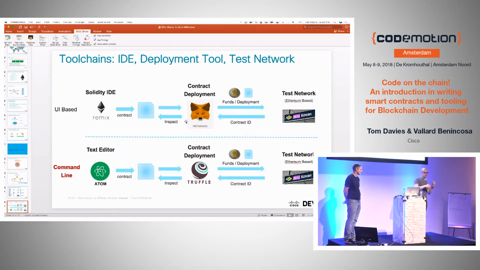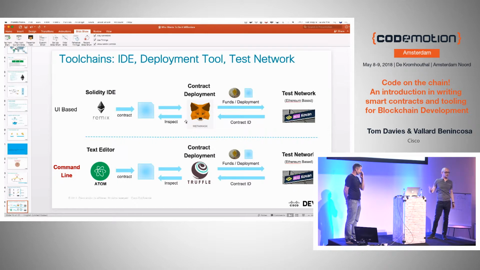Now, those are some of the tools that we can use, and this is how you would build them into a tool chain that you might consider. The first one is user interface based, like the web browser that Val just touched on. You can use Remix as an IDE, write your contract in Remix, and then deploy it using something like MetaMask. You could also use Remix to deploy, to be fair, but you might want to use MetaMask too. And then we want to deploy it somewhere.